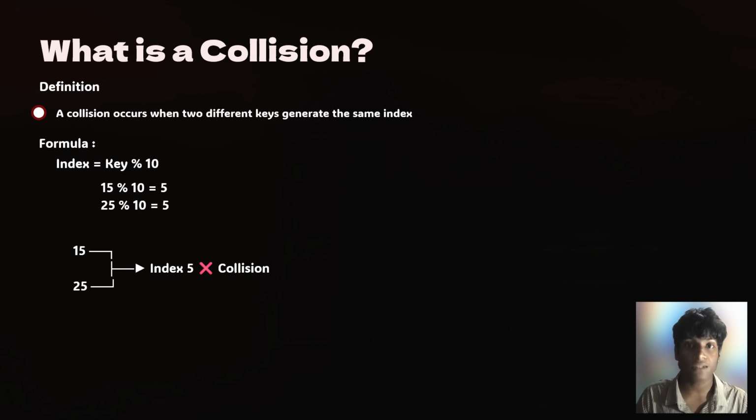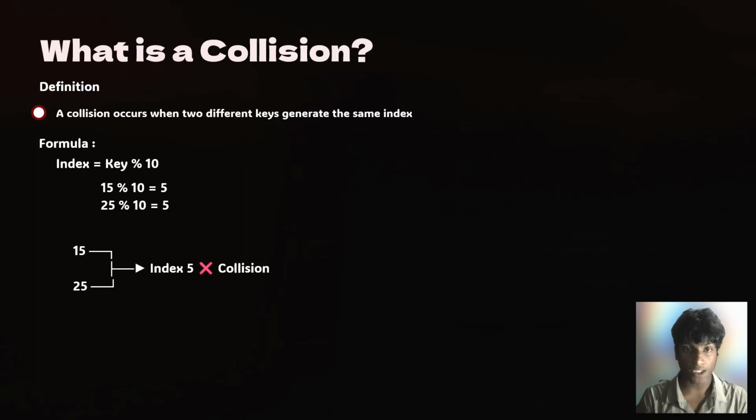As you can see, both 15 and 25 produce the same index, which is 5. The problem is that index 5 can normally hold only one item. Since both keys want to be stored in the same location, the computer doesn't know where to place the second key. This situation is called a collision.